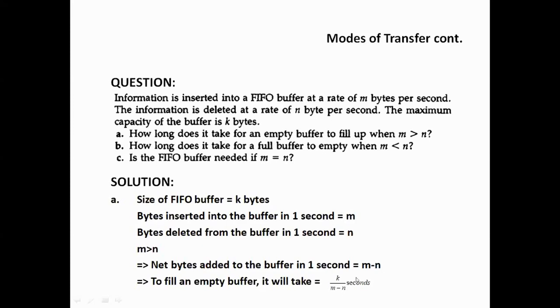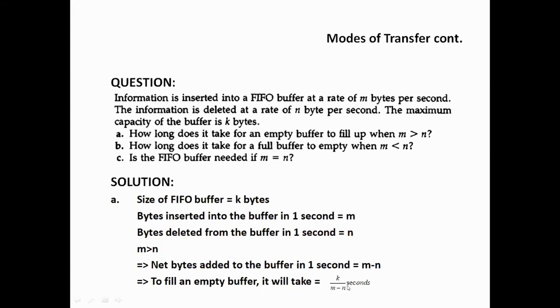This means that, for example, if the size of the buffer is 10 and 3 things are added in 1 second, 2 are deleted. So that means in 1 second the total increase will be only 1.